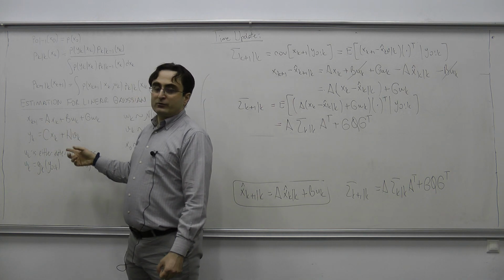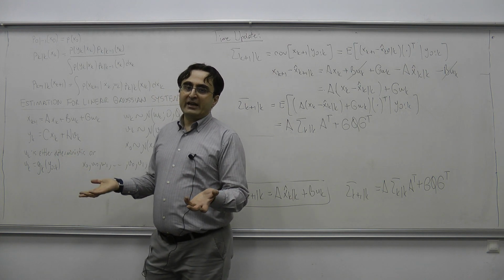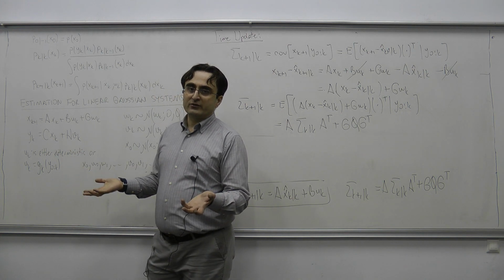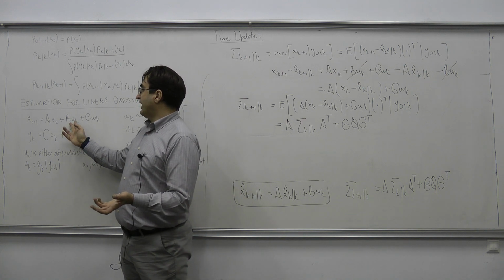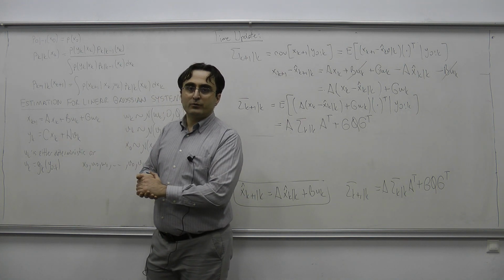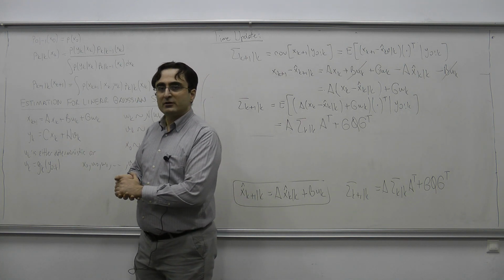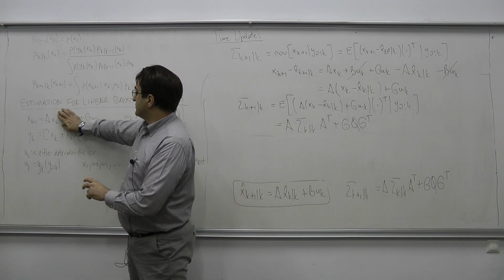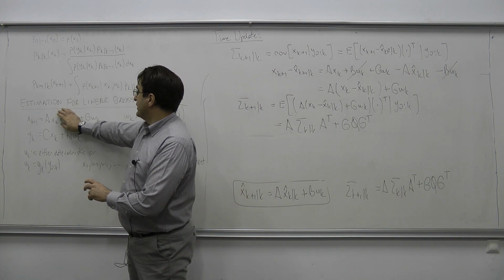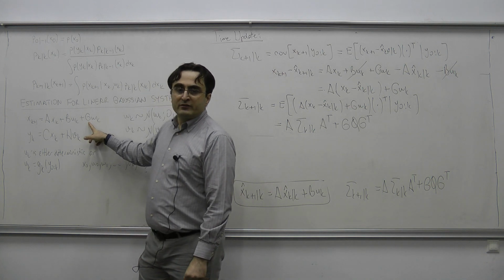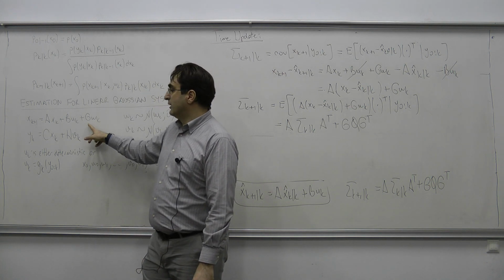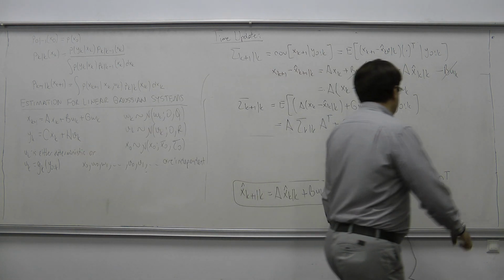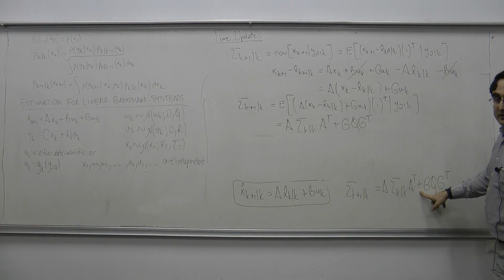This term, as we saw, doesn't cause any uncertainty increase or decrease, okay? Because this term is exact given all of the past and the current measurements. So this term does not bring us any additional uncertainty, but because we don't know this process noise term here, that causes an increase in uncertainty.